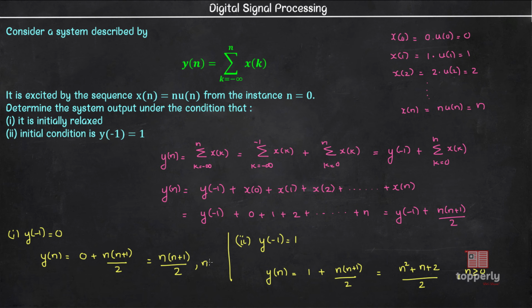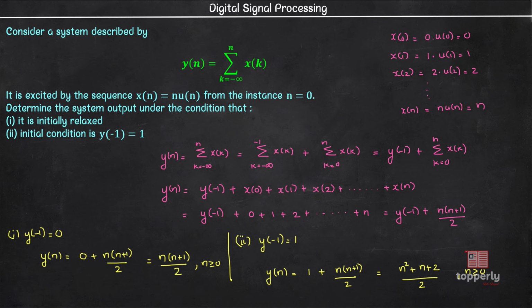Here also we need to mention the condition n greater than or equal to 0. One important thing to note here is that the output equation varies a lot depending on the initial condition. Hence, you can see that the initial condition is an important aspect when it comes to discrete time systems.